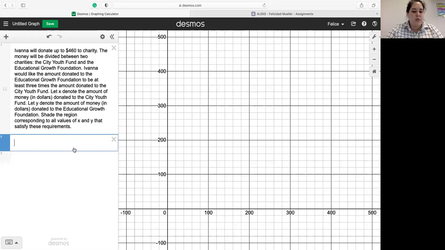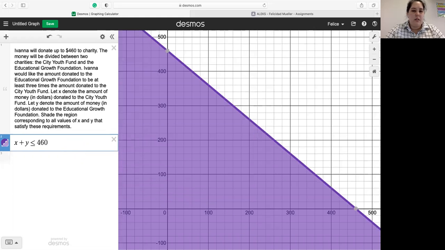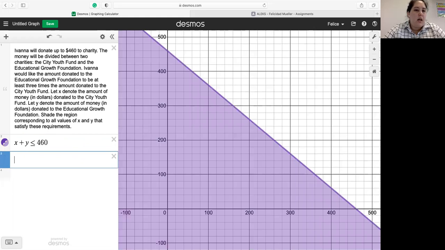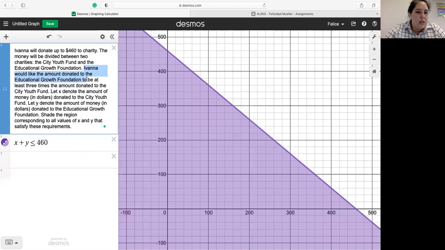So between the two, she's going to add them up, and she wants to donate up to, so I can do X plus Y less than or equal to 460. And then she wants the amount donated to the EGF to be at least 3 times the city fund.